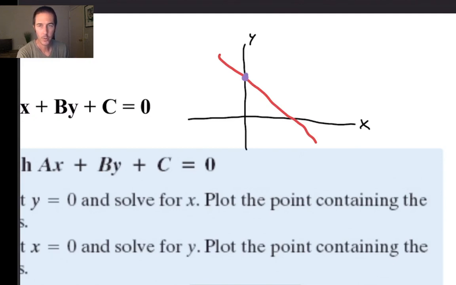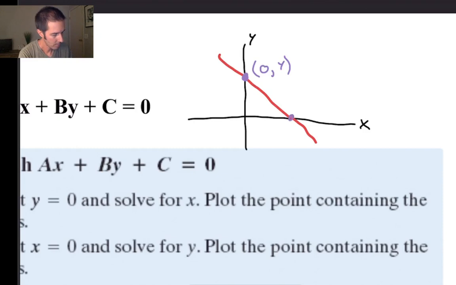Do we know the coordinates of this point? I know one of them. I know that the x-coordinate is 0, and I don't know what the y value is. But if I'm on the y-axis, then definitely the x-coordinate is 0.